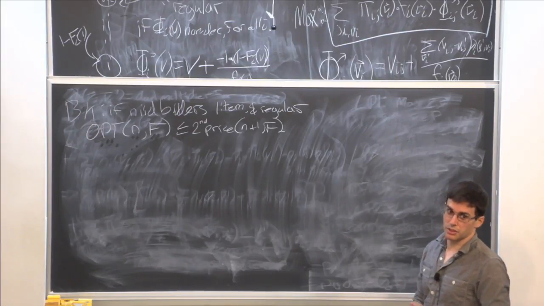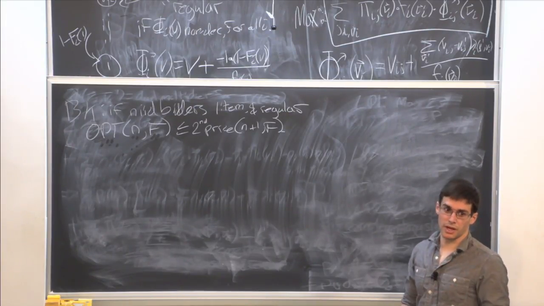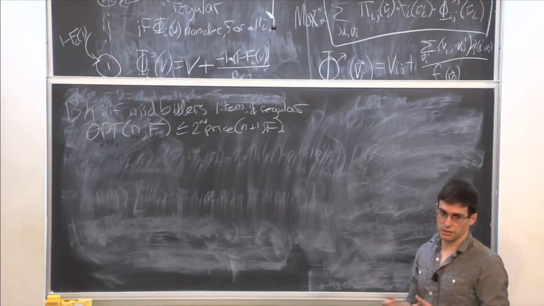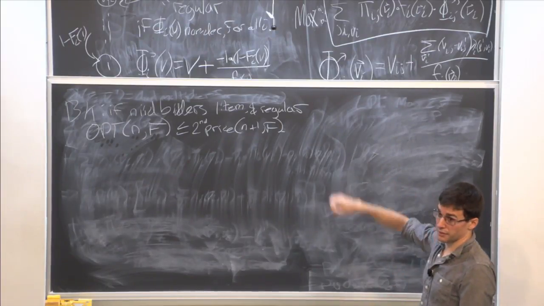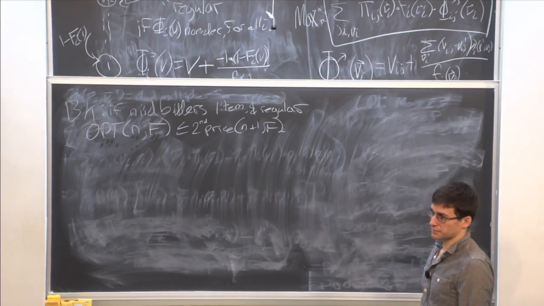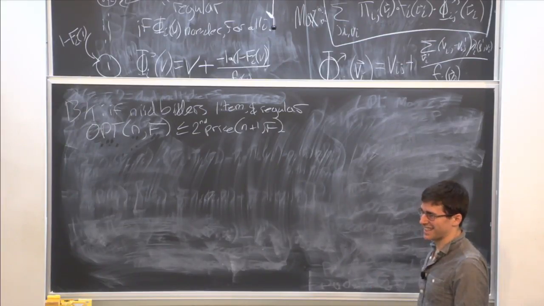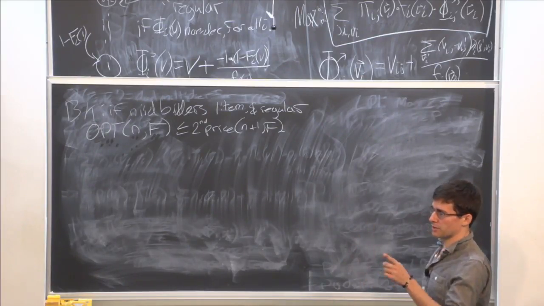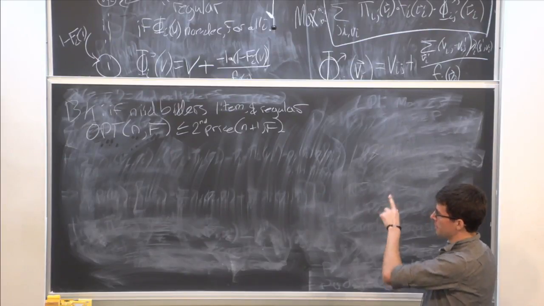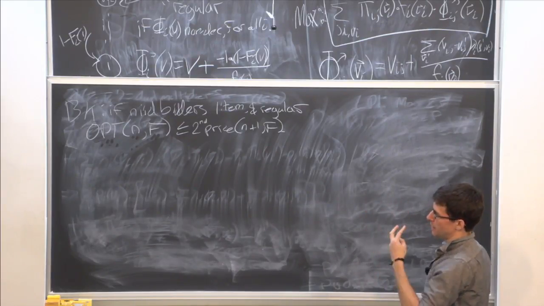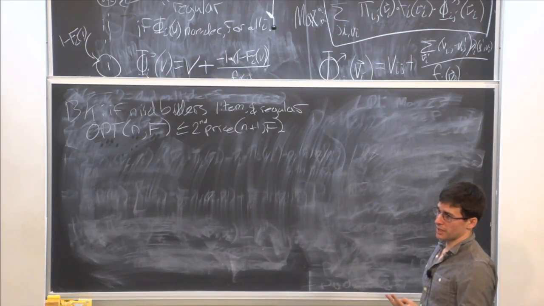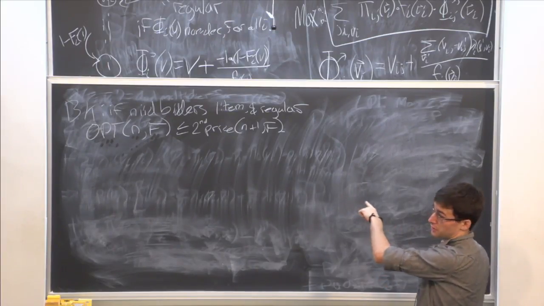It also means that in a large market, you get a 1 minus 1 over n approximation with just a second price auction, assuming that it's regular. So there's second price, and then there's second price with reserve. This is saying you don't even need to use a reserve.